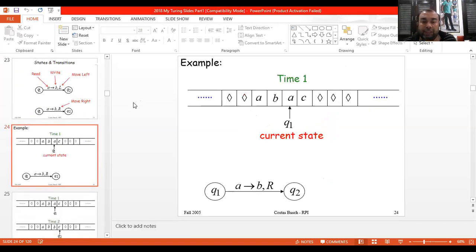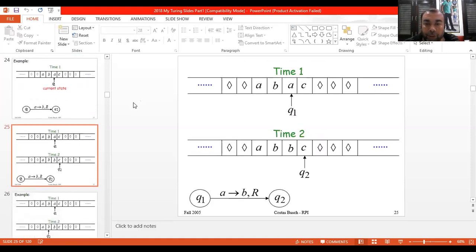Now let us see what this says. You are in state Q0, you are reading A from the current input tape, and Q1 is your next state. What you are doing is removing A from the input tape and writing B in place of that, and you move to the right side and switch your state to Q2. Let us see this.